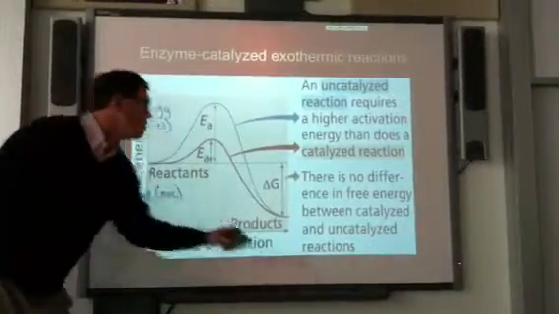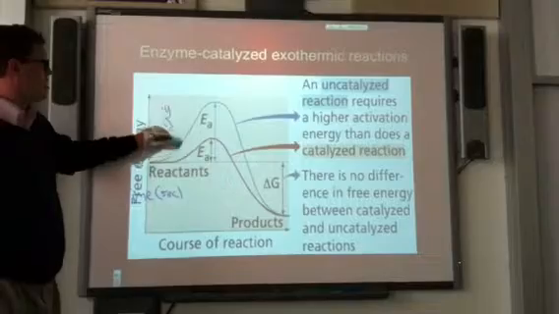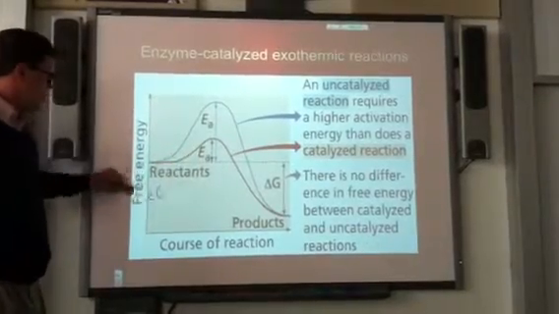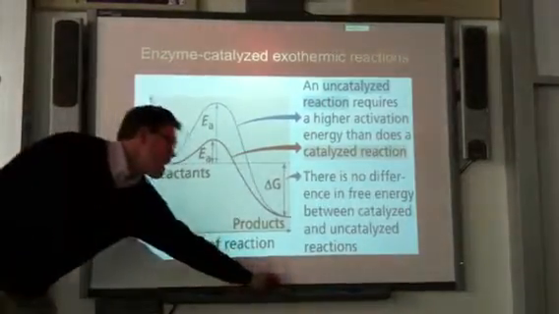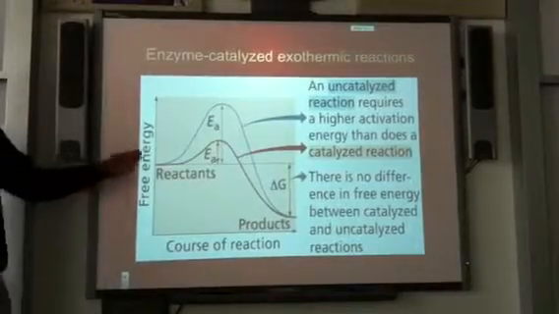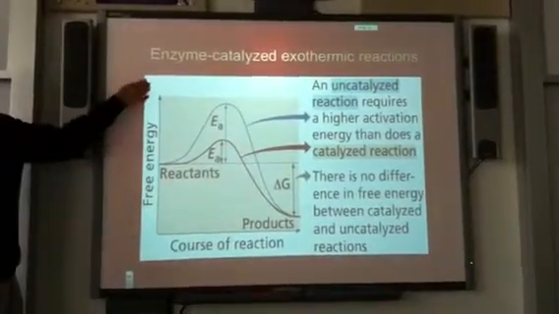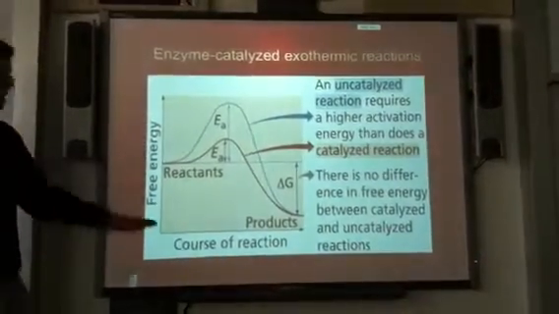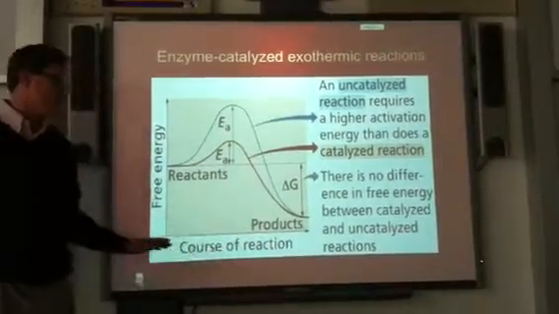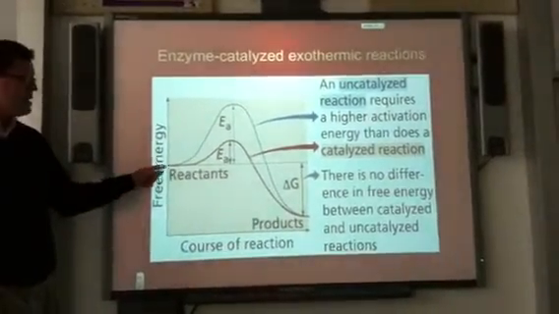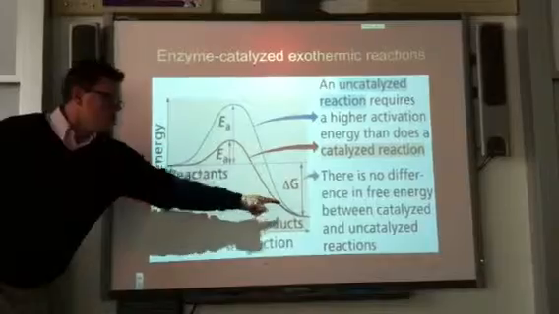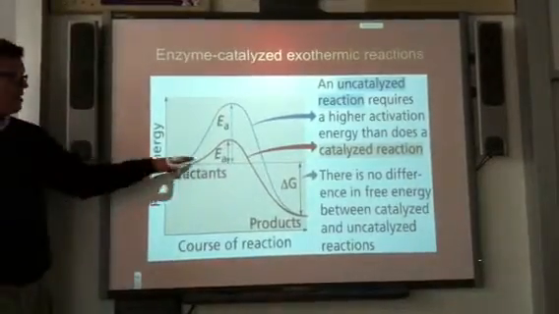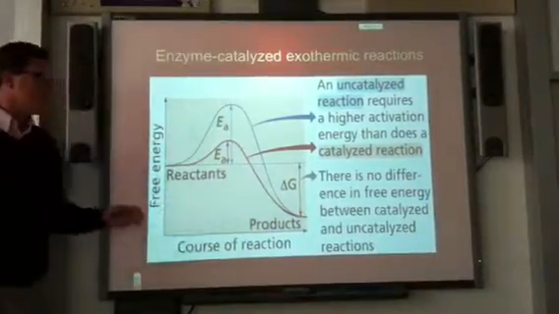Okay. So let's take a look at another similar reaction, but this time let's add an enzyme to it. Okay? Again, we have our free energy in joules out here on the y-axis, the course of the reaction or time on the x-axis. This is our normal reaction pathway, and this is our enzyme catalyzed pathway.